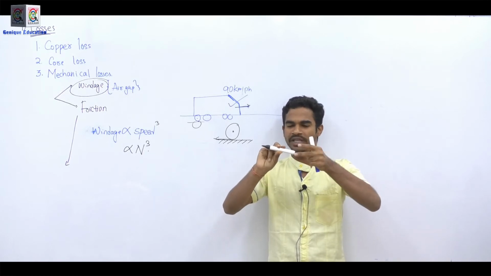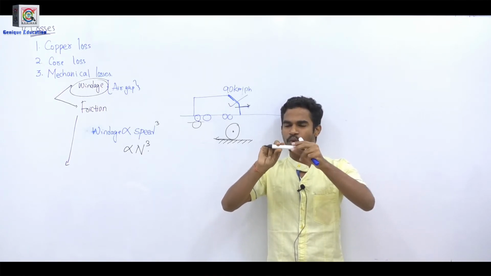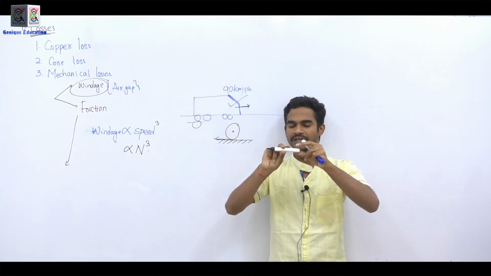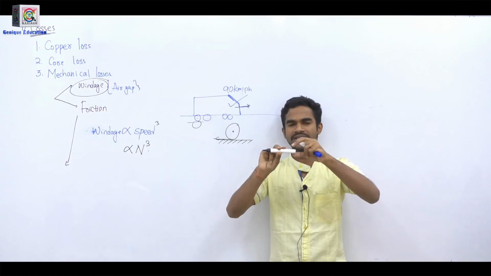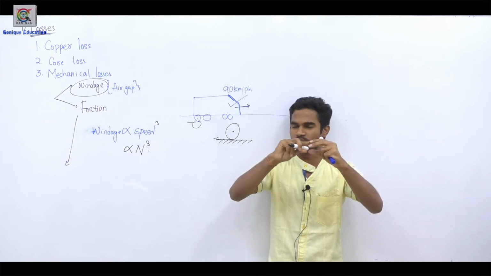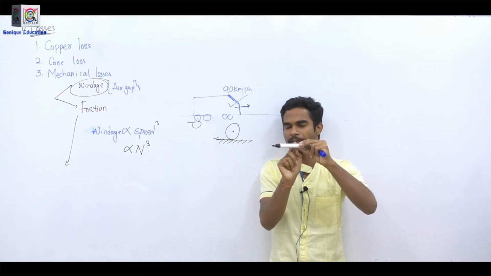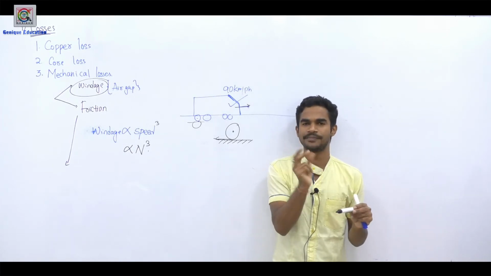Suppose this is the rotor body; I have to rotate the rotor on the axis of the shaft. Correct or not? So there must be a physical arrangement between the rotor body and the shaft. In between the rotor body and this shaft, there must be some balls and bearings.